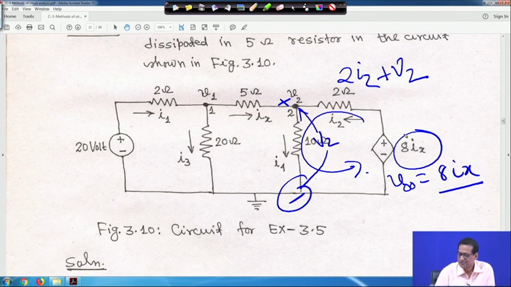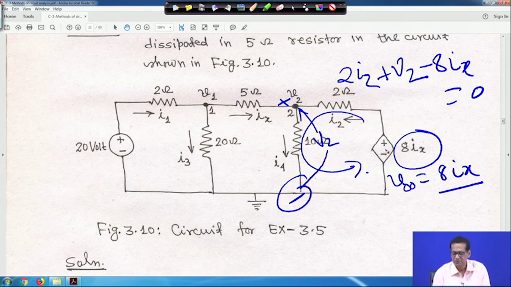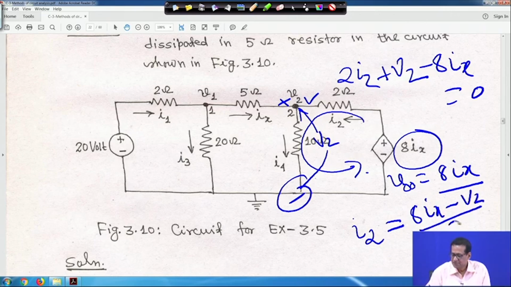So it will be minus 8 Ix equal to 0. So 2 I2 plus V2, because it is node 2, minus 8 Ix is equal to 0. That means I2 is equal to (8 Ix minus V2) divided by 2.